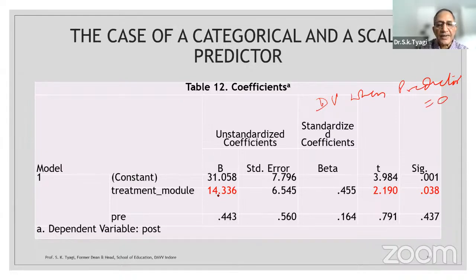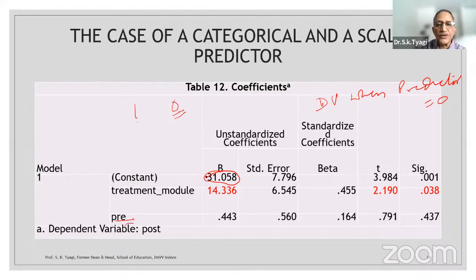Treatment module has 0 as a value: 1 and 0. If it is module, it is 1. If e-lecture, it is 0. So a 0 value is there. But in pre-test, there is no 0 value. So we cannot interpret this constant properly.